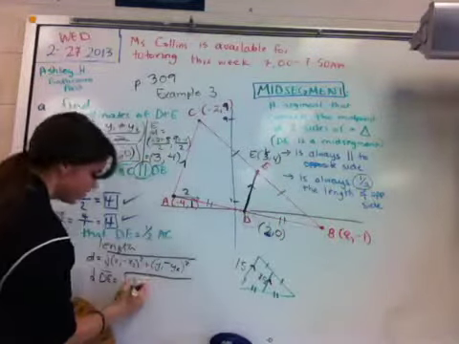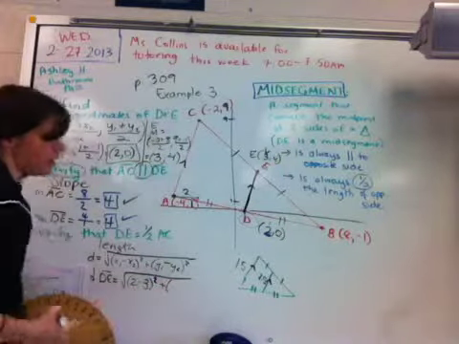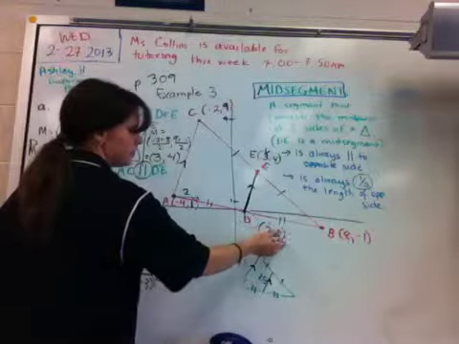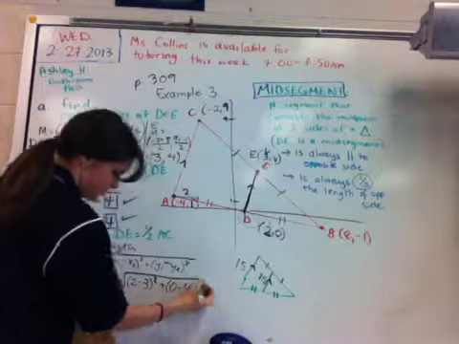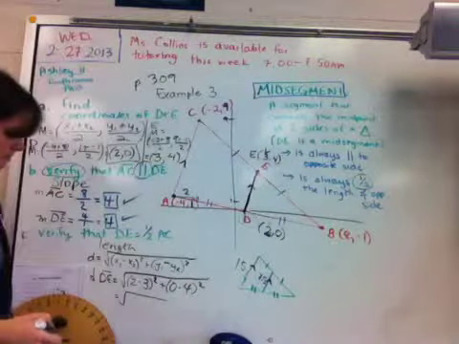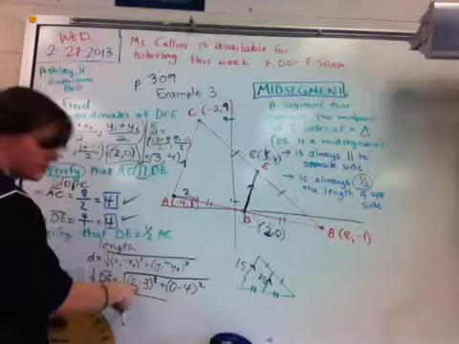So 2 minus 3 squared. Fill in the rest. Okay, here we go. Let's simplify. 2 minus 3 is a negative 1.